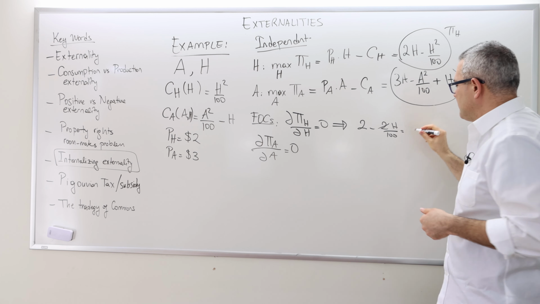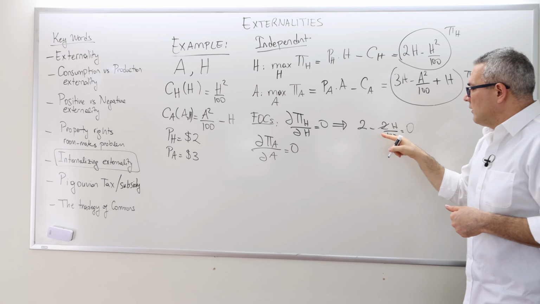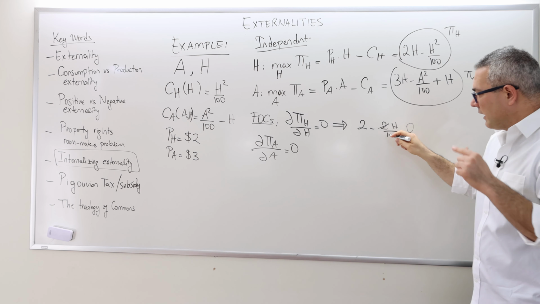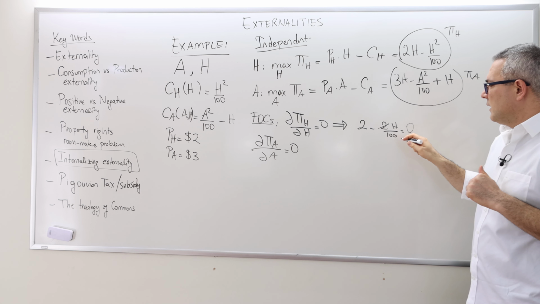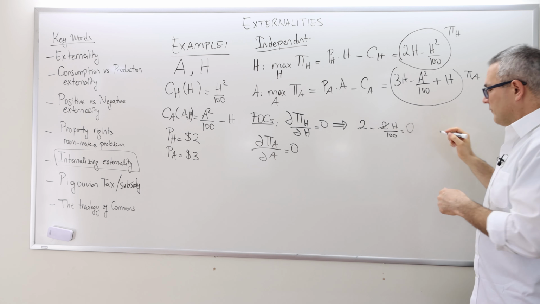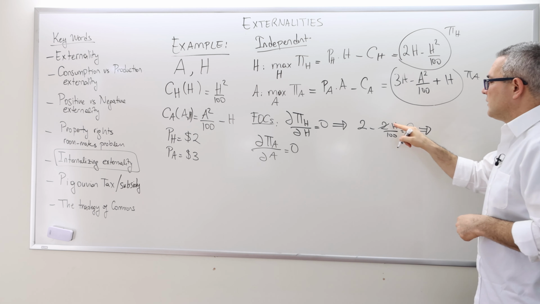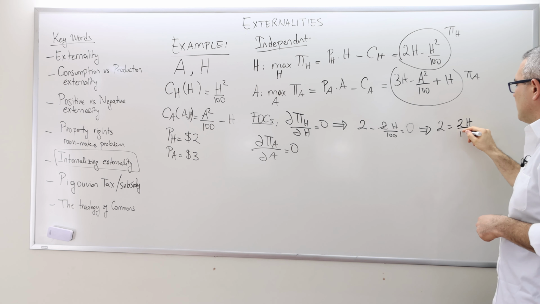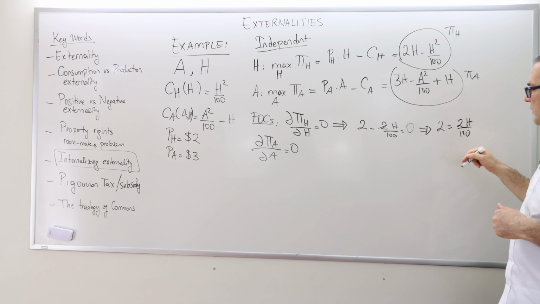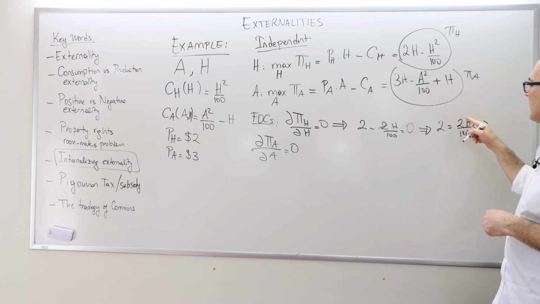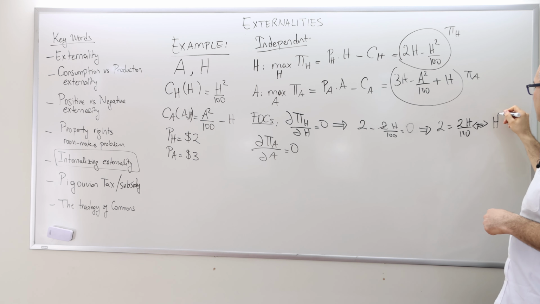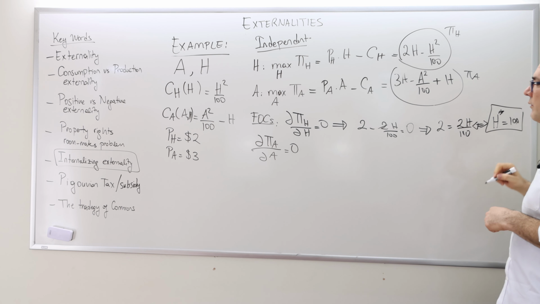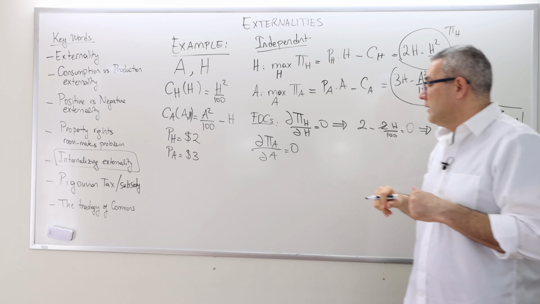The first order condition. So what do I have? Don't cross this 2 yet. So 2 equals 2h divided by 100. Do the cross product. The 2's will cancel out, and then h star is 100. So the honey producer is going to produce 100 units of honey.